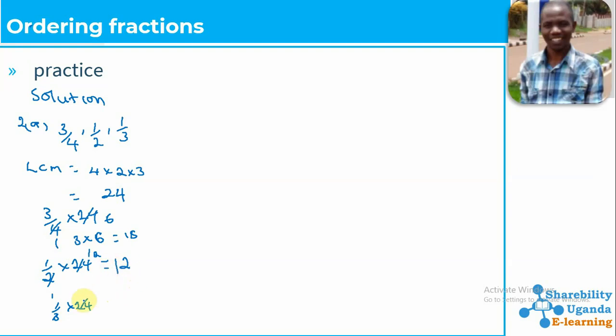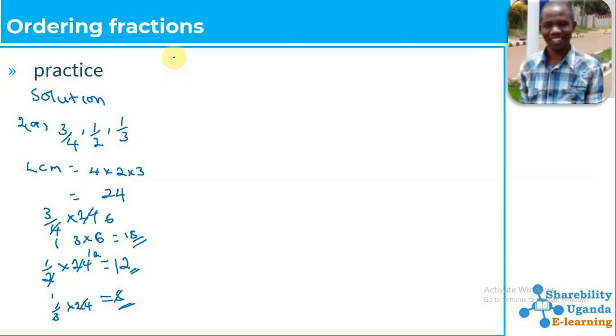What is 24 divided by 3? Who has an answer? 24 divided by 3. Okay, we have our 8. So these are the values that we are having.